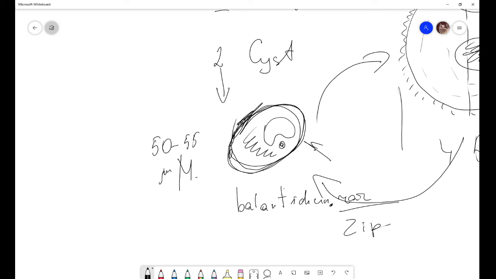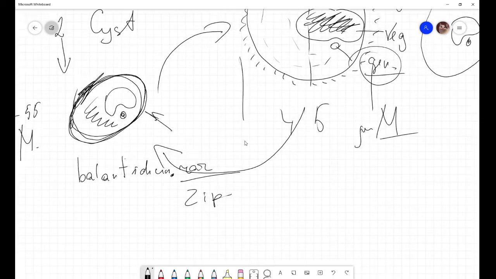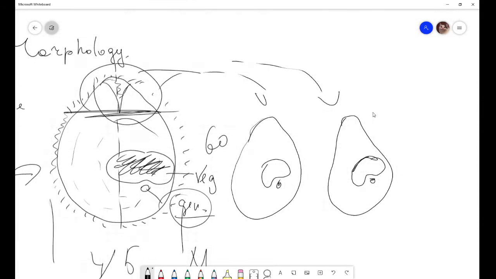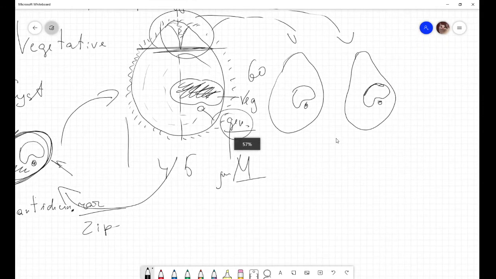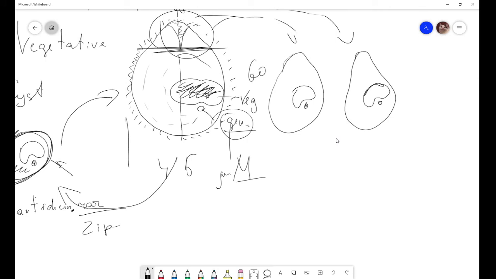The life cycle of this parasite is so simple, because trophozoites live chiefly in the lumen of the large intestine, and they may invade the mucosa, and swallowing cysts infects man.